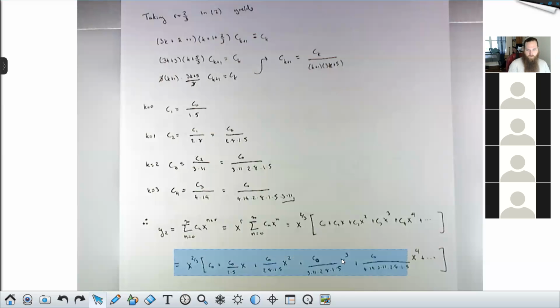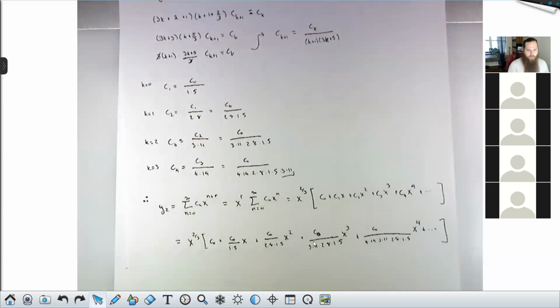These series will converge on some open intervals centered at that singular point x naught, in this case centered at 0. If you look at the example of this equation, these denominators are getting quite large, so the radius of convergence for both of these series may well be infinite. I suspect it is, but the theorem doesn't guarantee it the way the other theorem does. So that's another nice thing about solving about ordinary points rather than singular points. Solving about ordinary points, you're guaranteed a minimal radius of convergence. Here, you're just guaranteed a non-zero radius of convergence.